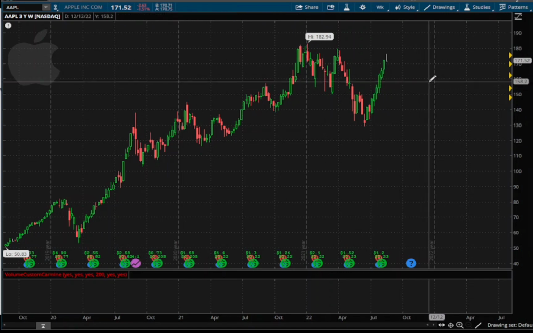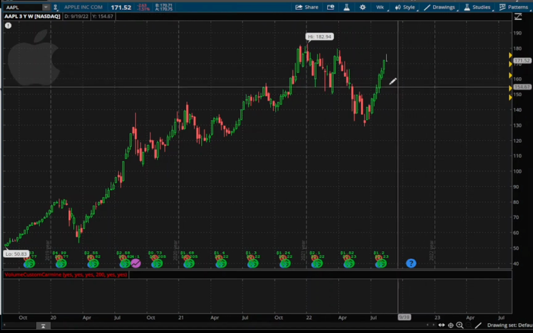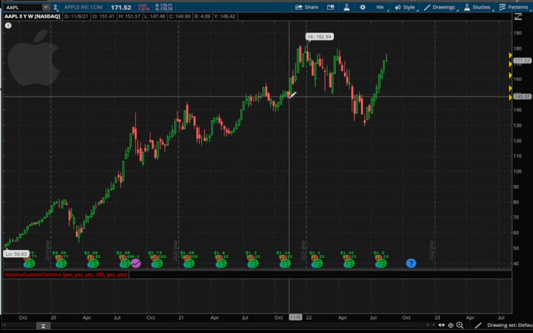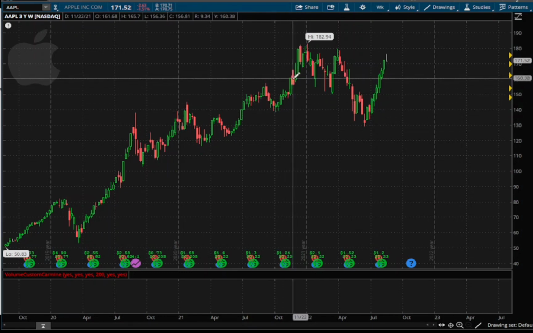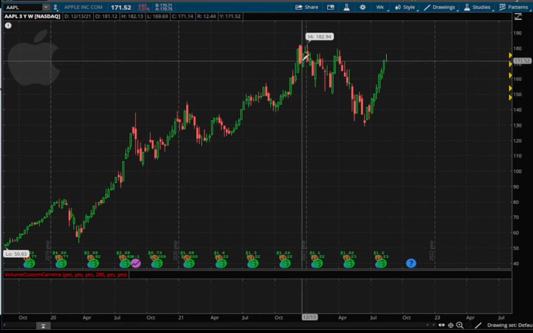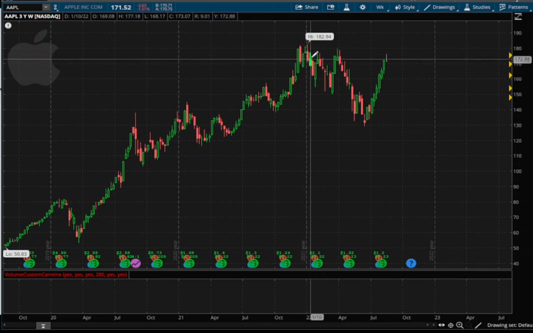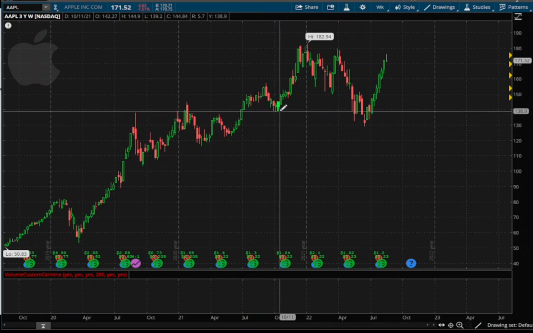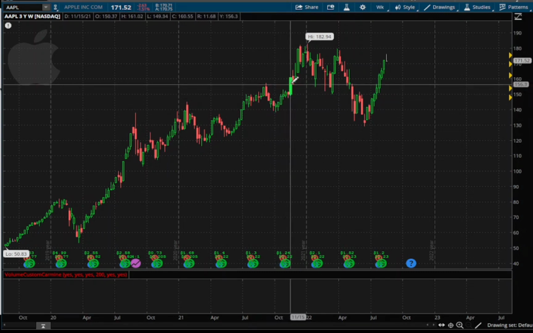So in order to find support, you want to find out where the stock Apple went down and bounced back up. Went down, bounced back up, down, bounced back up, down. The support you want to look for is the support that when it hit it, it bottomed, it made another high.